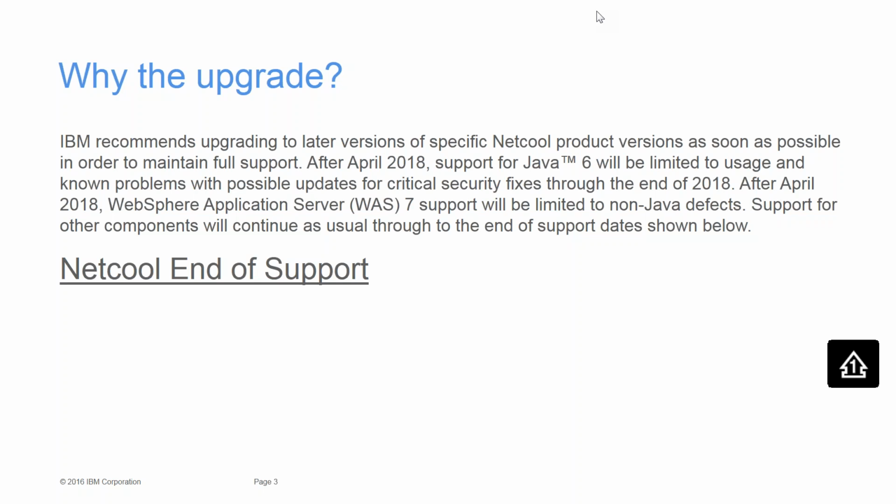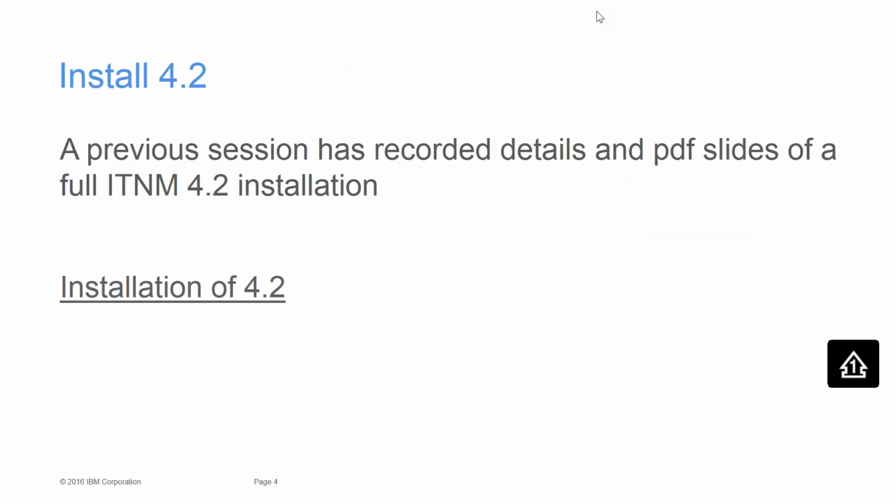Yes, but you're going to have some vulnerabilities, and these are not going to be processed. The WAS group is going to look at only non-Java defects. So this will be a link that you can click later. It'll review all the products that we're talking about and give you exact end of support dates. And this is a tech note that just says end of 2018, but a click on this link will show you all the products and all the dates.